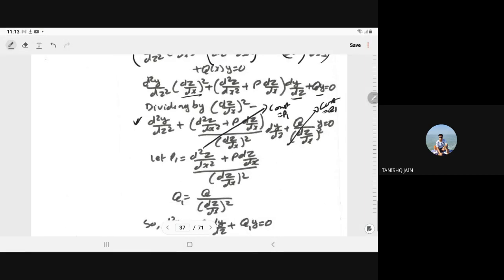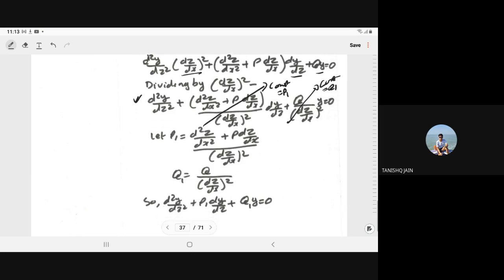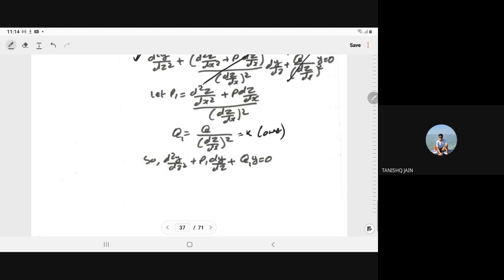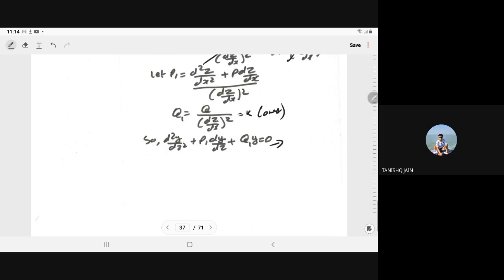So p1 is (d²z/dx² + p dz/dx) upon (dz/dx)², and q1 is q upon (dz/dx)². If these are constants, then we have the transformed second order differential equation with constant coefficients and independent variable z.